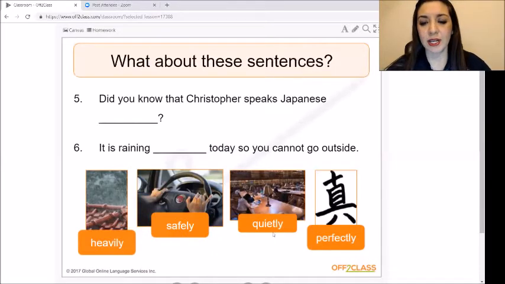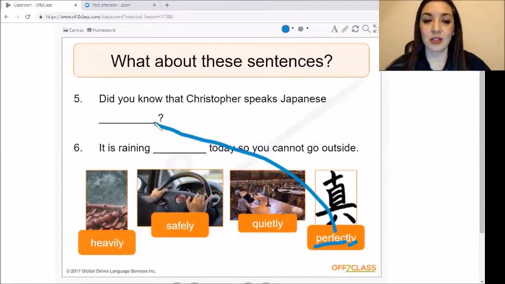Heavily, safely, quietly, or perfectly? Oh, well, here's a clue. So it's perfectly, right? Did you know that Christopher speaks Japanese perfect? Or did you know that Christopher speaks Japanese perfectly? The adverb perfectly works well here.